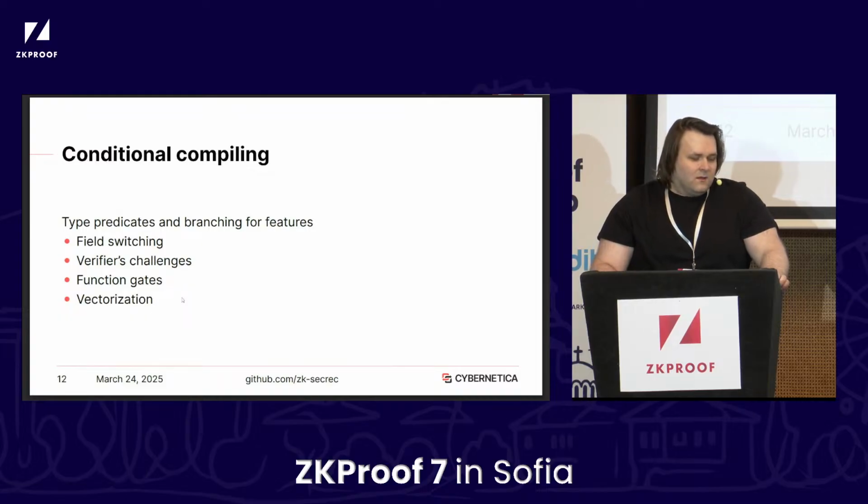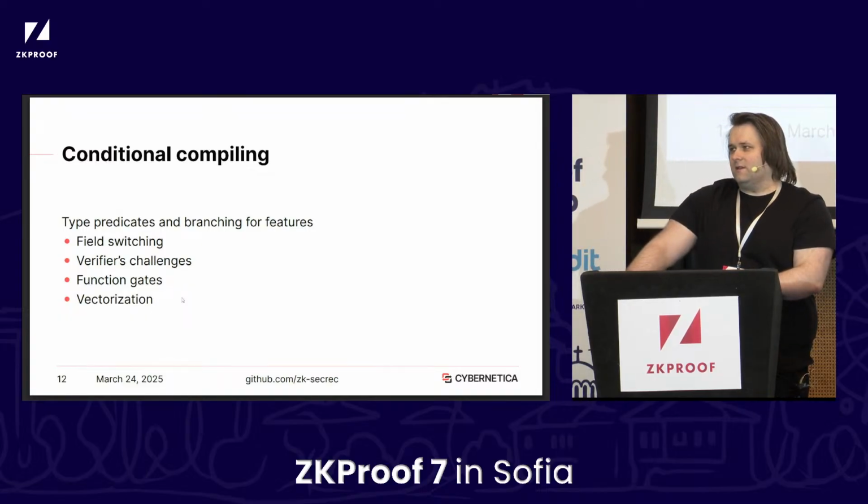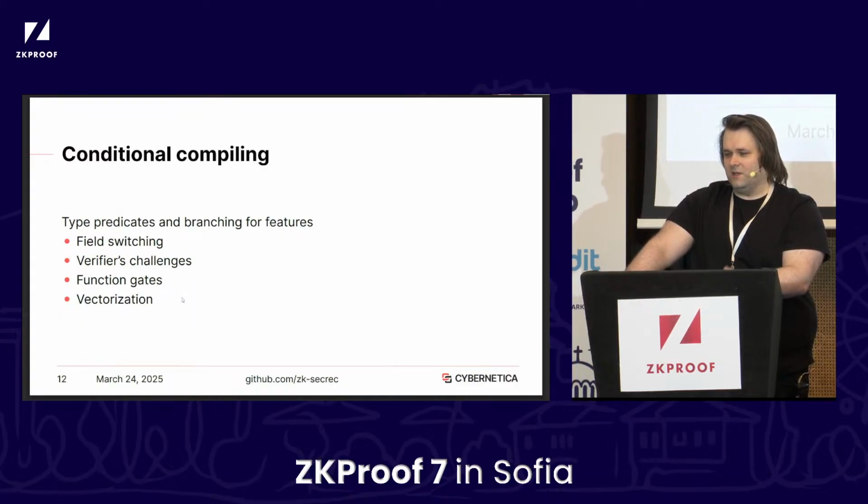So what we had was that our inequalities were all patched to execute at the end. And in that, we had already built it so that if the backend does support the verifier challenges, we run the inequality checks in one way, and otherwise another way.